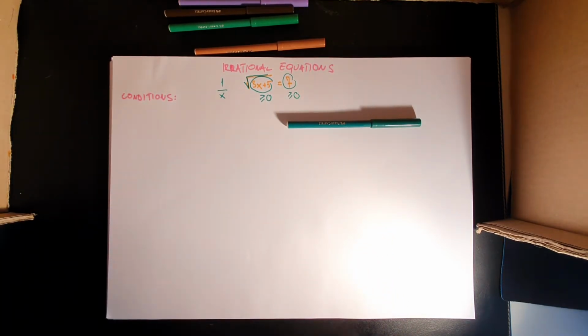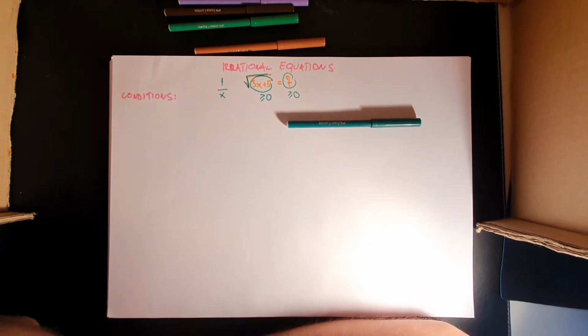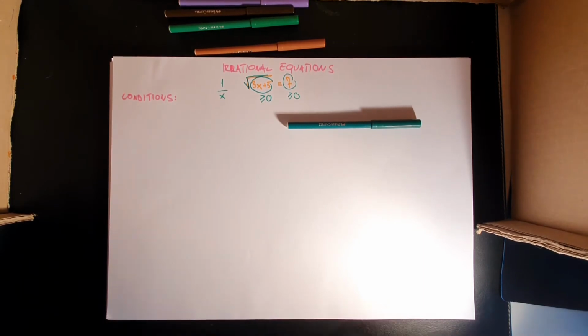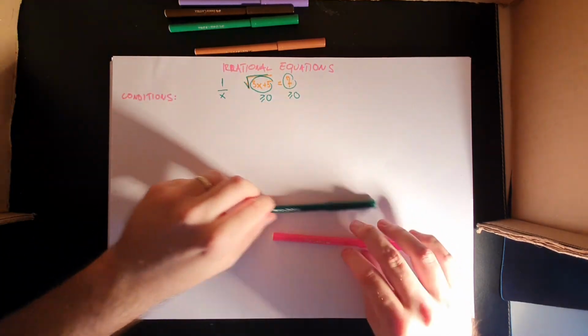Basically, when you look at an irrational equation, what you want to make sure of is whether it's even worth going into the solving part. Let me show you a couple of examples considering that.